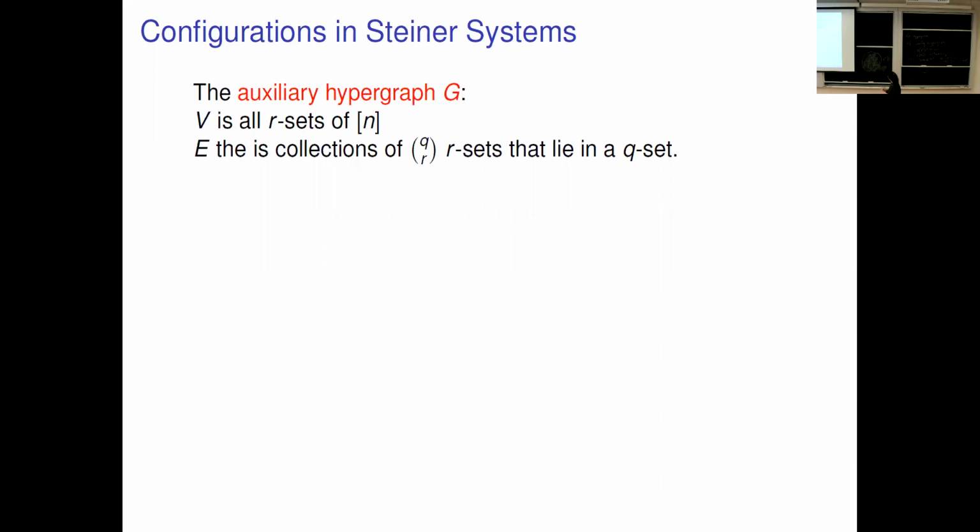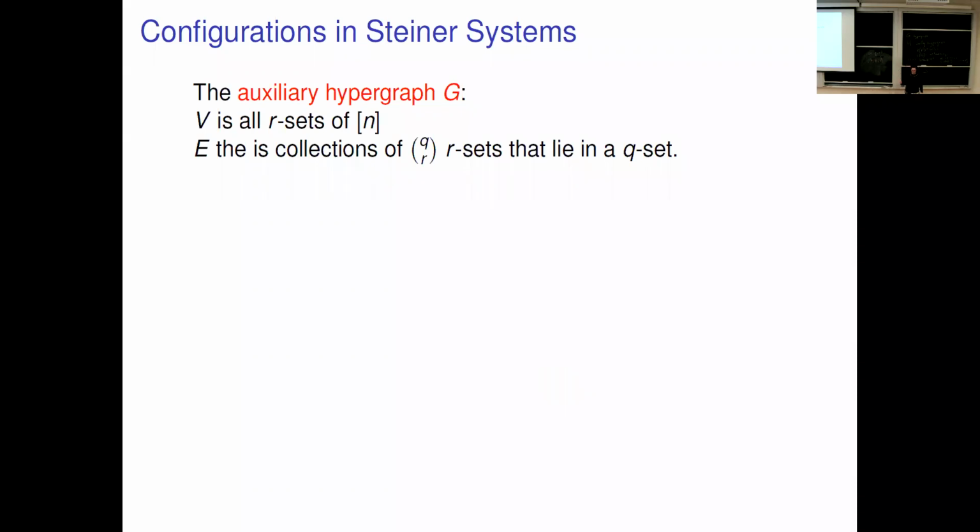Sorry, the other way around. Let me maybe draw a picture. For the Fano-plane, we have N, Q, R, and we were dealing with something like 7, 3, 2.